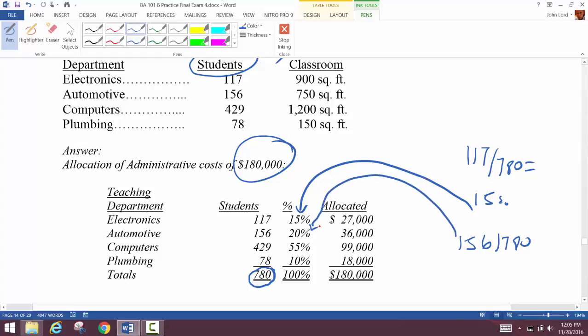Okay, and so on. I'm not going to do all of them. We'll go into a coma over here. But we do those percentages, and then for each one of these, we take the administrative cost and multiply it by the percent. So 180,000 times 0.15 should give me 27,000, shouldn't it?